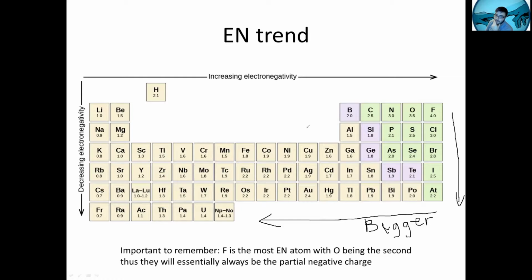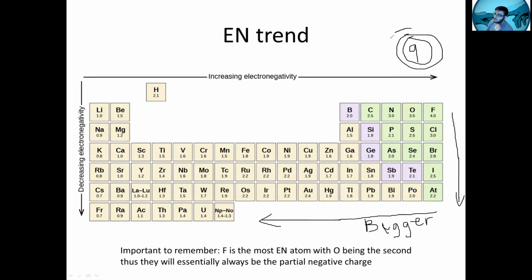And let's talk about why going down is bigger, right? So fluorine has an atomic number of, I believe, 9. So it means it has 9 electrons, which means it has the 1 shell and then the 2 shell. Chlorine, I don't remember what chlorine's number is, but let's say it's whatever, 17.